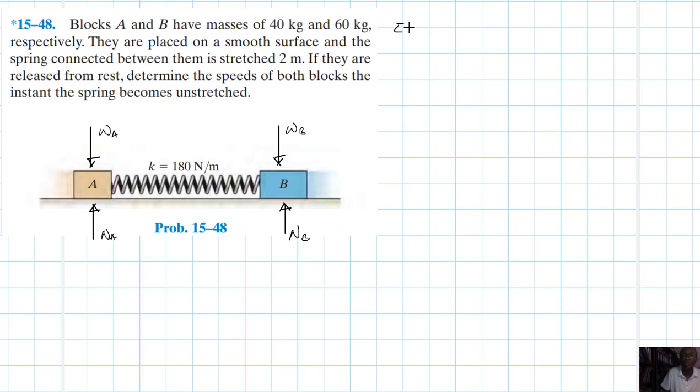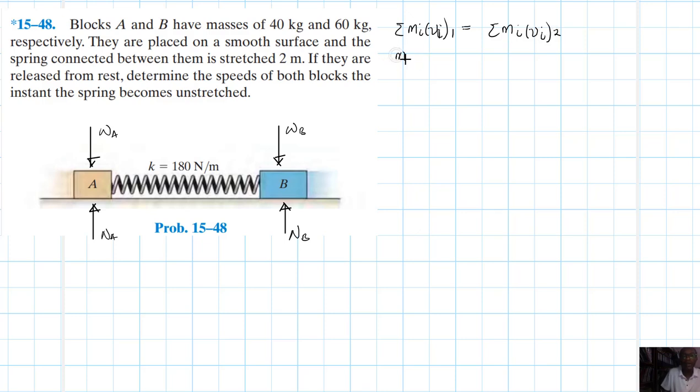So for momentum, we are saying the summation of masses times velocity in state 1 equals the summation of masses times velocity in state 2.